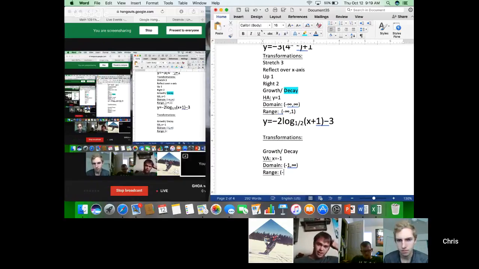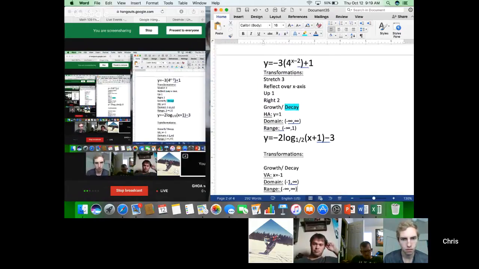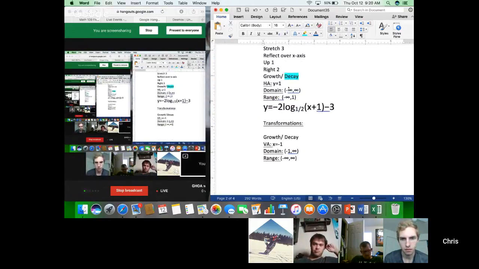Because me just staring at you guys typing stuff in isn't really helping me too much. See, that makes sense because there's a vertical asymptote, so that makes sense that this would be -1. Or if it was horizontal, it affected the range. So that makes sense to me.